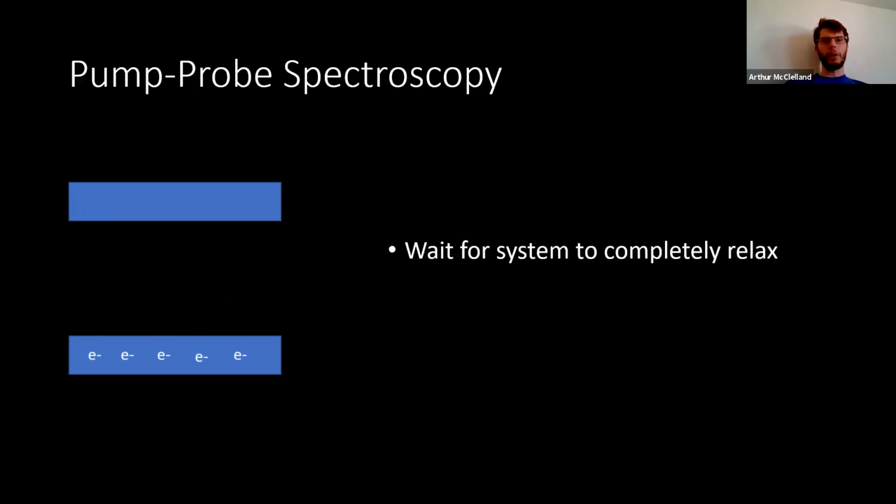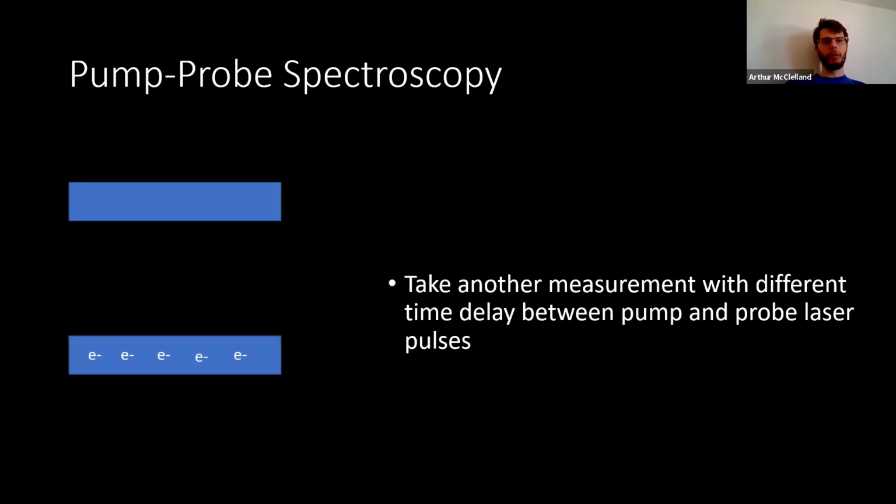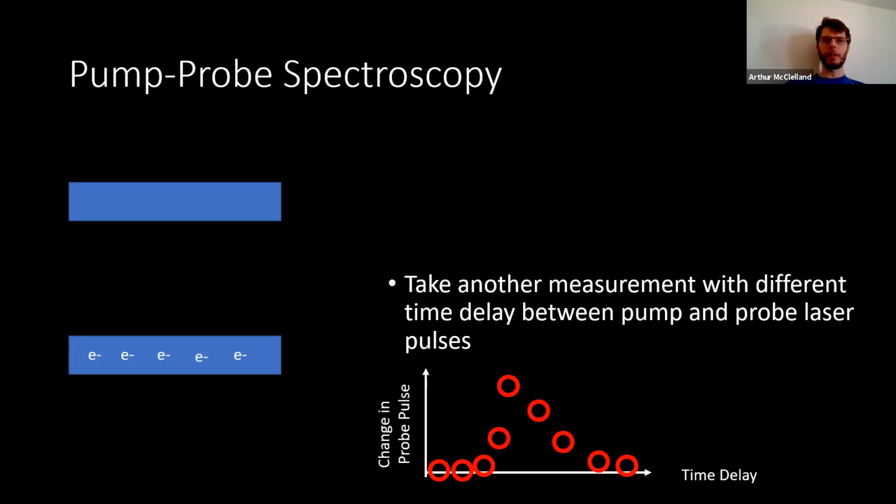So after the probe pulse goes through and we make one measurement, we wait for the system to completely relax. And then we're assuming the system has gone all the way back to the ground state, and we take another measurement and we vary the time delay between the pump and the probe laser, and we build up a histogram. At negative times, that's when the probe is actually before the pump.